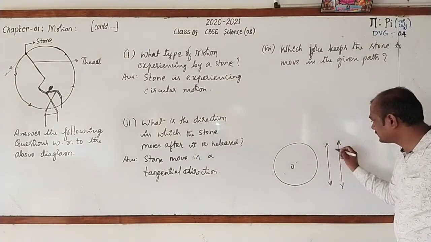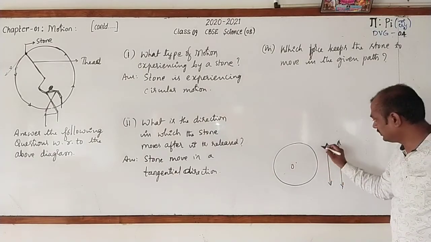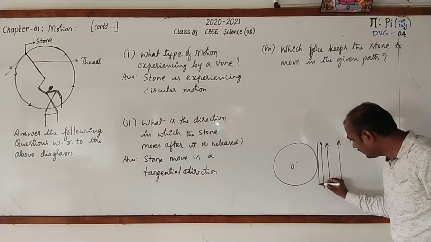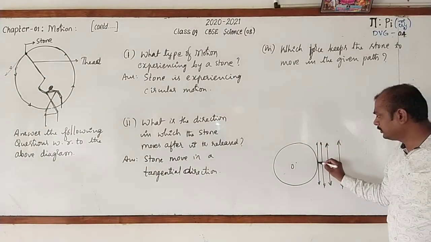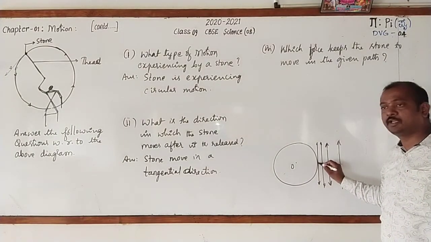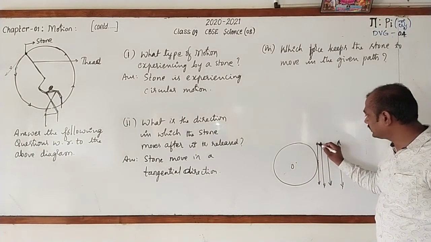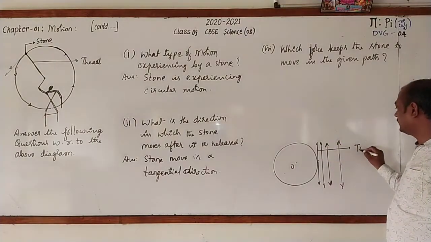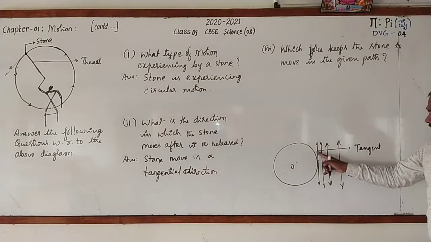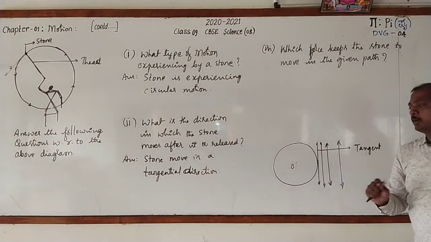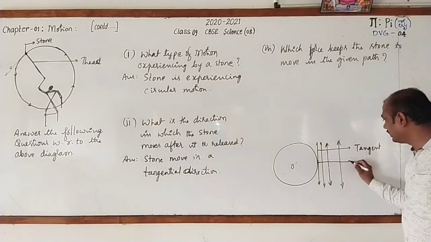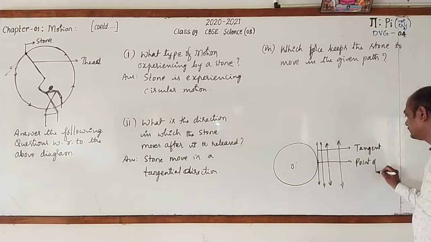Now the same line is brought near the circle, very close to the circle, where it touches the circle at a single point, and we call such a line a tangent. Hence you can define a tangent as the line which meets the circle at only one point, and this point is called the point of contact.